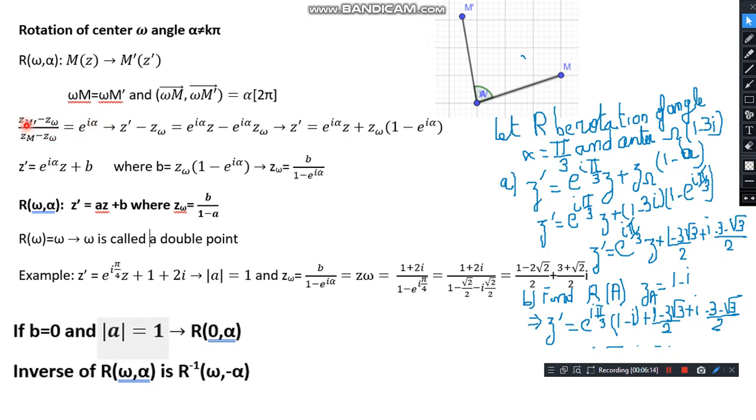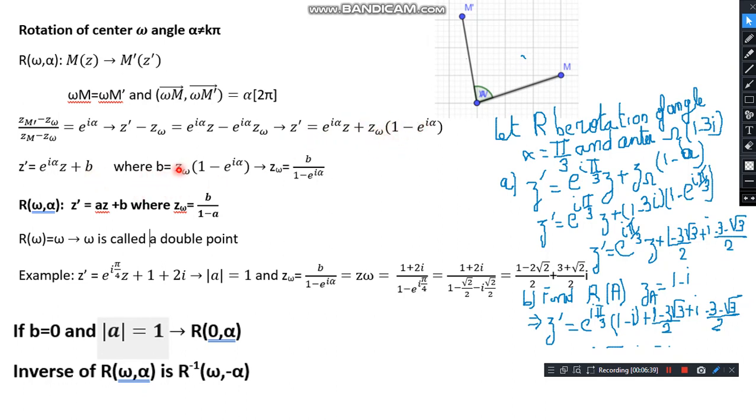So if you cross multiply, Z prime minus Zw equals Zm e^(i alpha) minus Zw e^(i alpha). We take the Zw to the other side. So in general, a rotation is written in the form Z prime equals e^(i alpha) Z plus B. What is B? This whole expression.